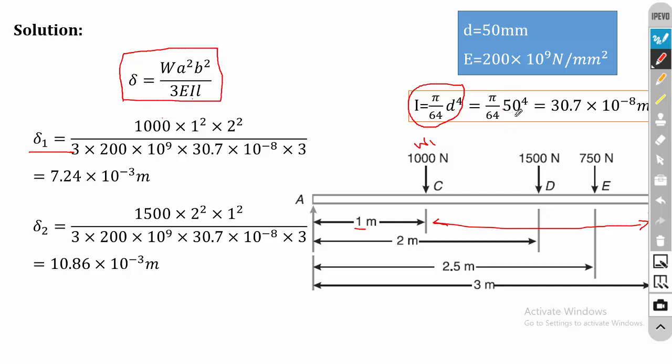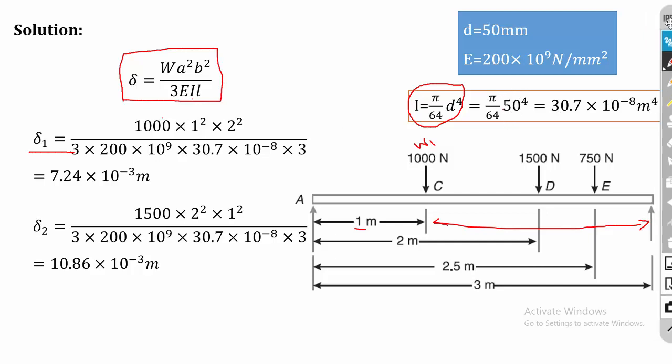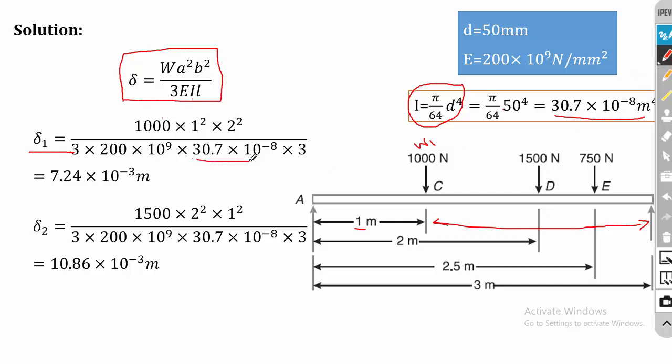I have substituted in mm and converted into meter. So you will get the value as 30.7 into 10 power minus 8 meter power 4. If you solve this equation, finally you will get the del 1 value as 7.24 into 10 power minus 3 meter. So this is the deflection because of the W1.